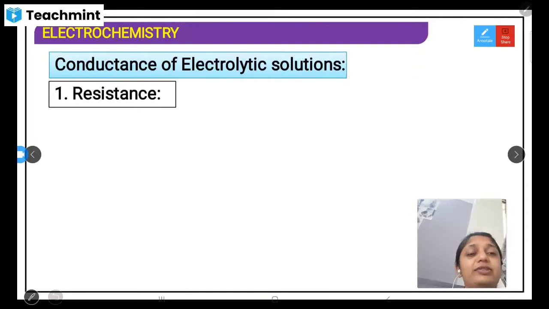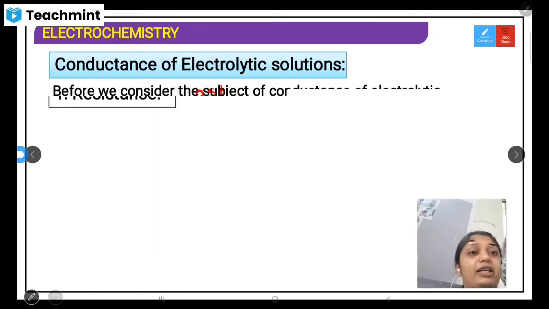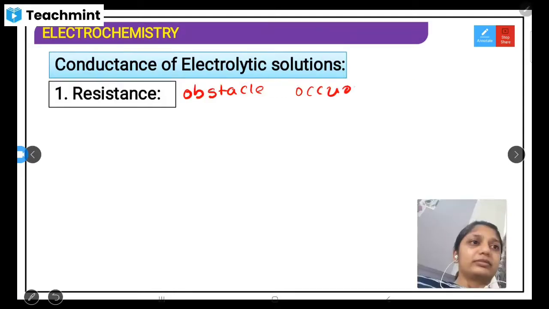Okay, first term. Students, can you define resistance? Obstacle occurs. જે electric flow ને resist કરે તે. Okay.